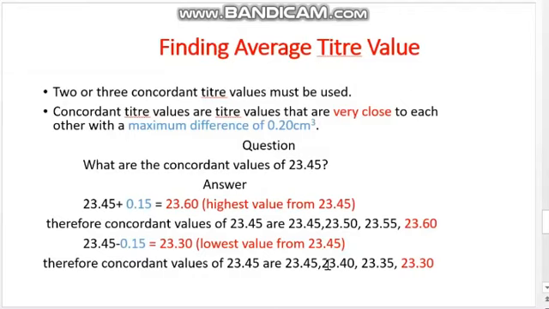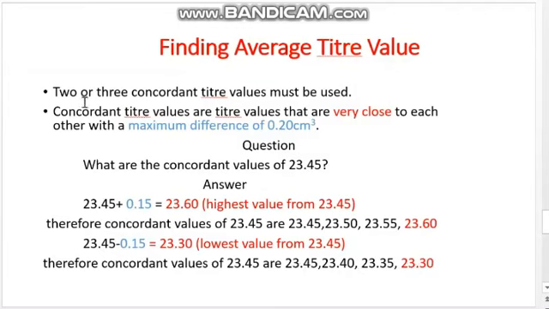The next value following it will be 23.40, counting down. 23.35, counting down. 23.30, so you stop. So we have 4 values here: 23.45, 23.40, 23.35, and 23.30. That's our concordant values. So we have 4 concordant values here.